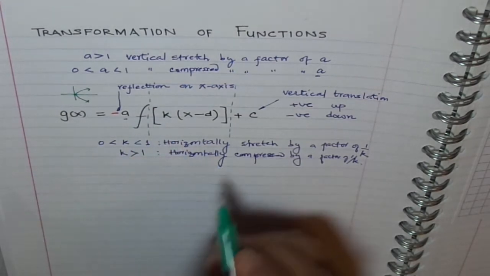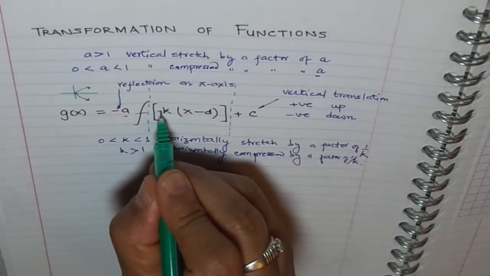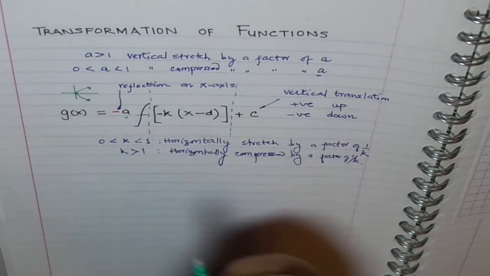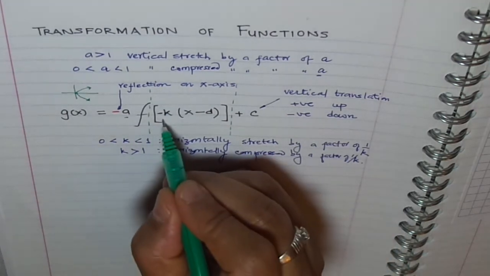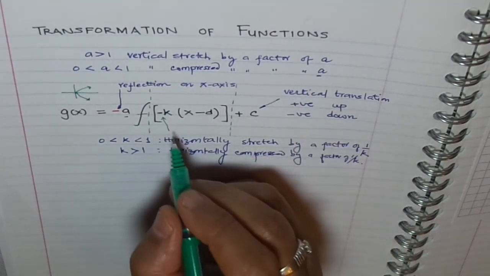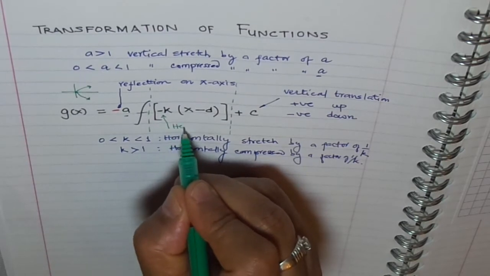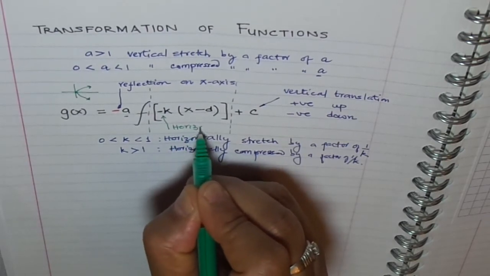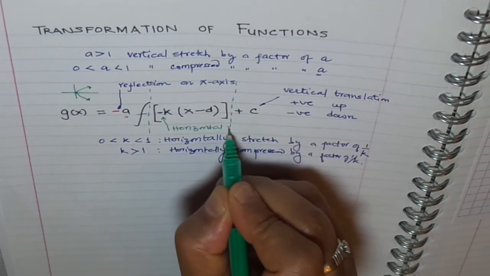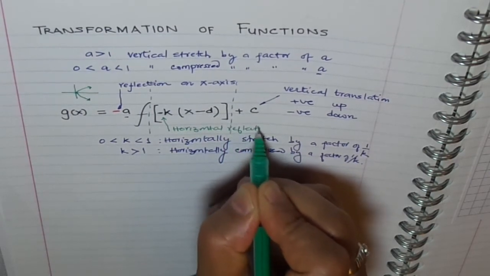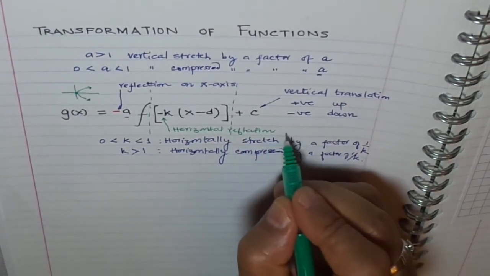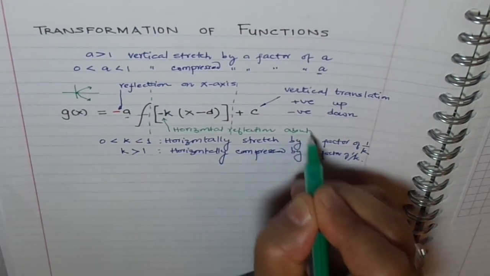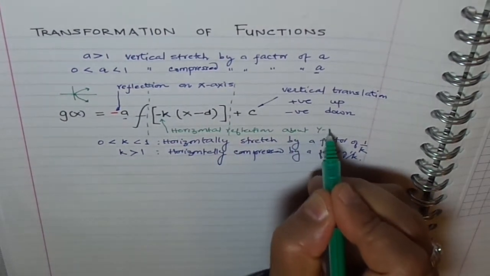In case we have a negative sign here, then this negative sign corresponds to reflection, horizontal reflection about the y-axis.